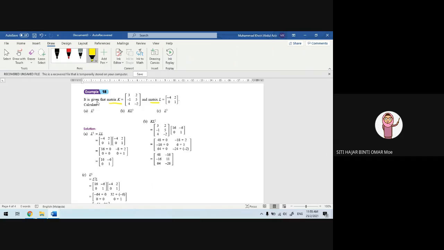What is L square? You need to know that it is L and L. You say L multiplied by L.